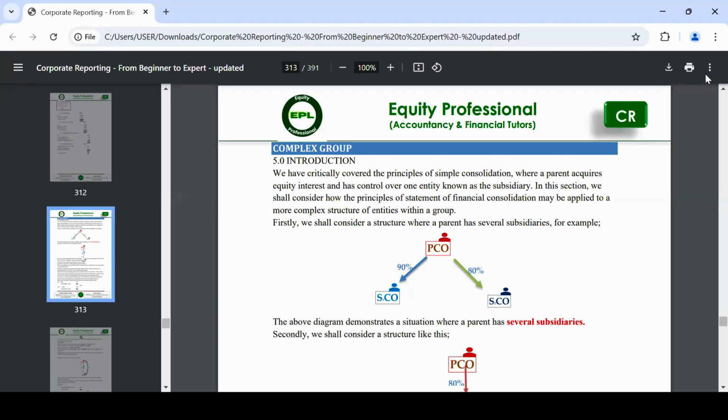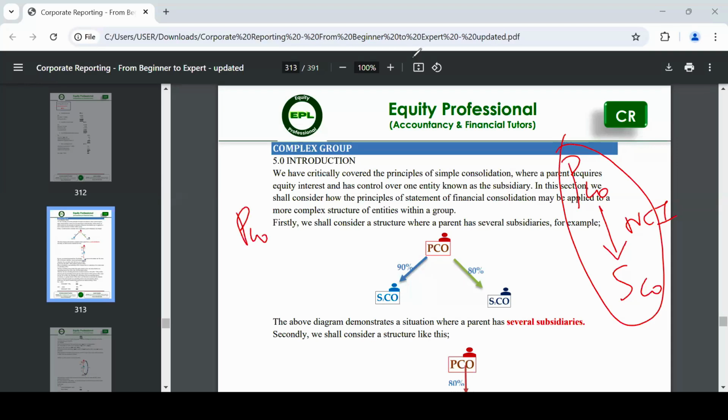You had a case where Pico just owned ESCO and there was an NCI. There was no multi-levels. It was very simple. One parent, one subsidiary. But when it comes to complex group, you have one parent and you could have multiple subsidiaries.